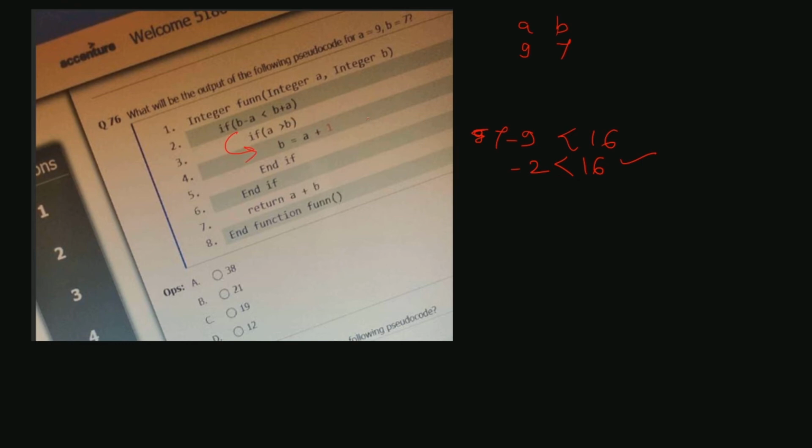Now A is 9, so it will become 10. Sorry, this is B, so the value of B will become 10, and then end if and return A plus B. So A plus B is 10 plus 9, which equals 19. So the answer will be C, 19.